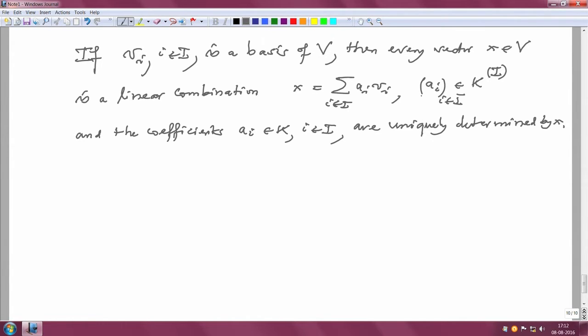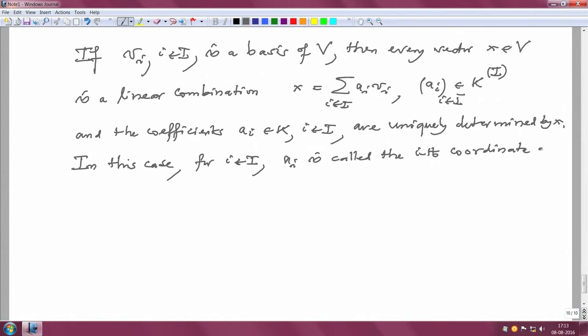Remember, only finitely many ai could be non-zero. So in this case, for i in I, ai is called the ith coordinate of x with respect to the basis Vi.